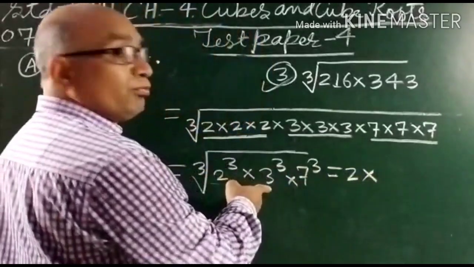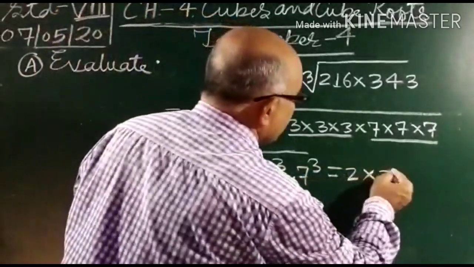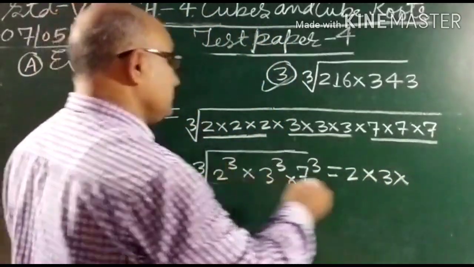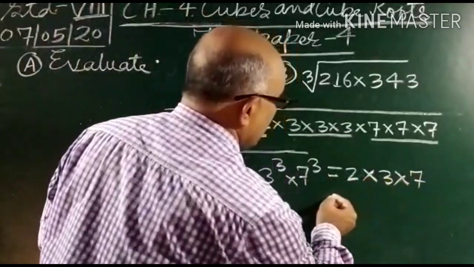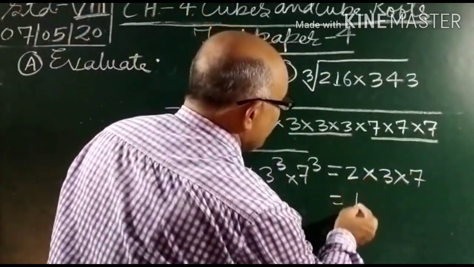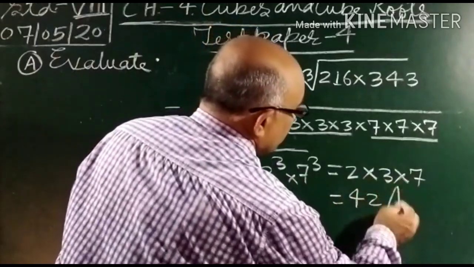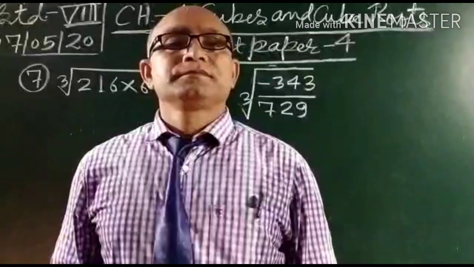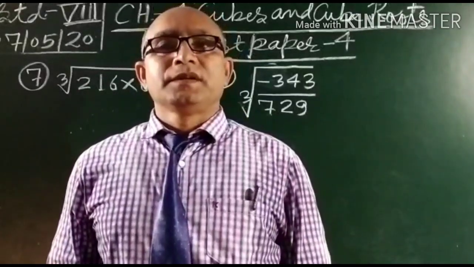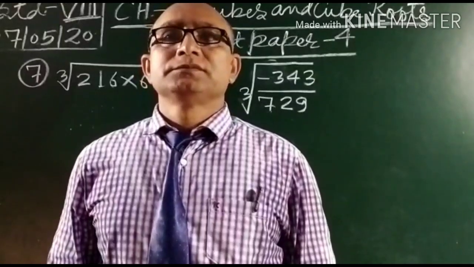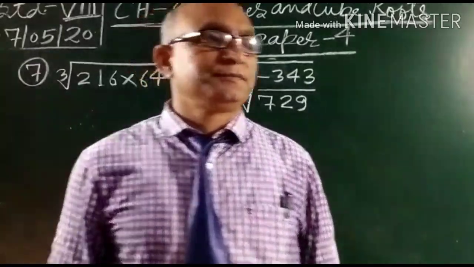Multiply the cube root of 3 cube, which is 3, into the cube root of 7 cube, which is 7. Now multiply them: 2 3s are 6, 6 7s are 42. Write it.